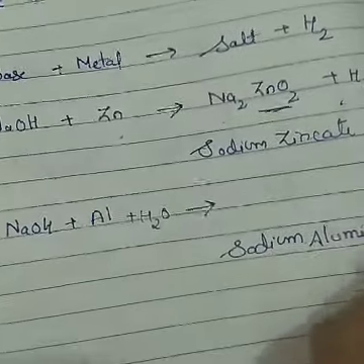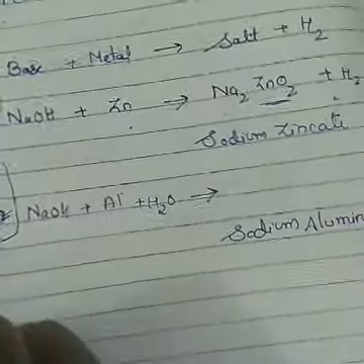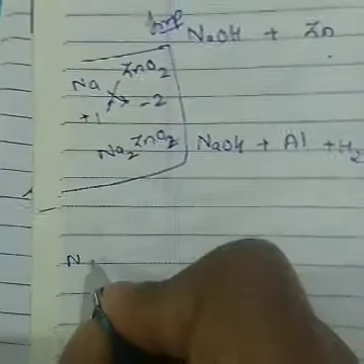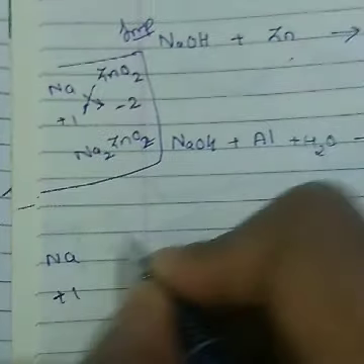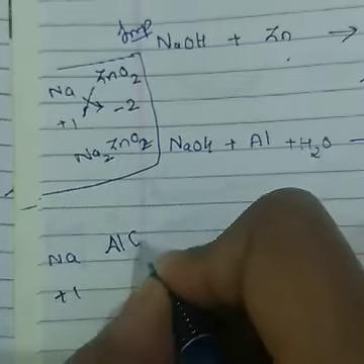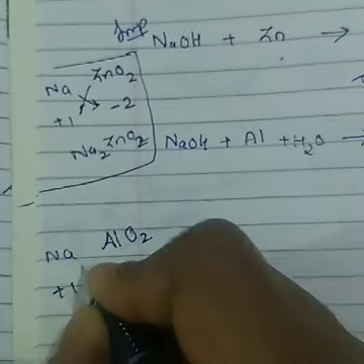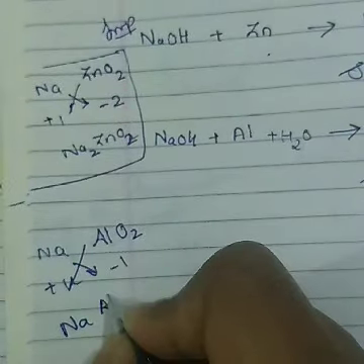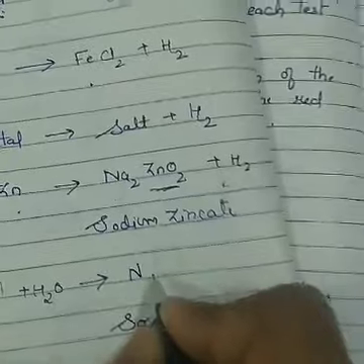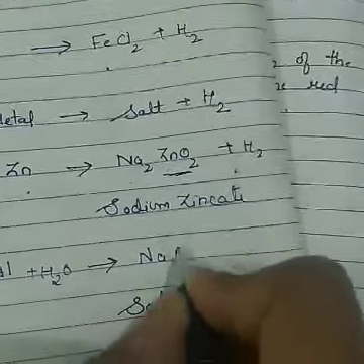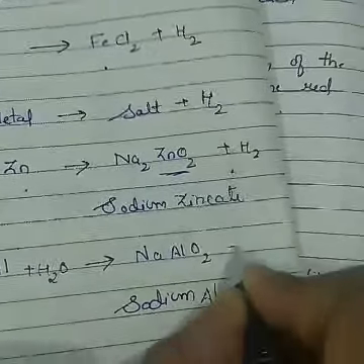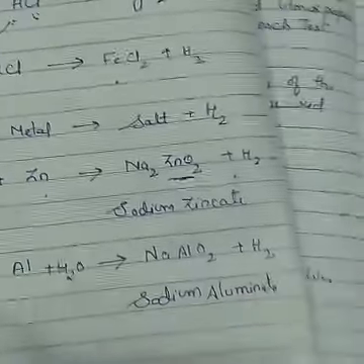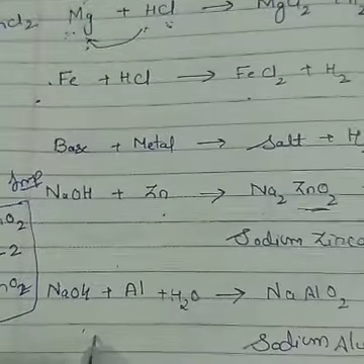Now what is aluminate? See, sodium's valency is plus 1, and aluminate is AlO2 with minus 1. By doing crisscross, NaAlO2. So this is sodium aluminate, a different kind of salt, plus hydrogen. All the equations should be balanced.